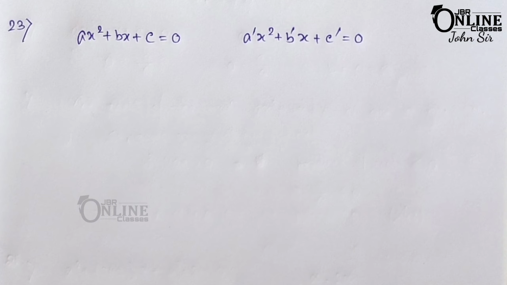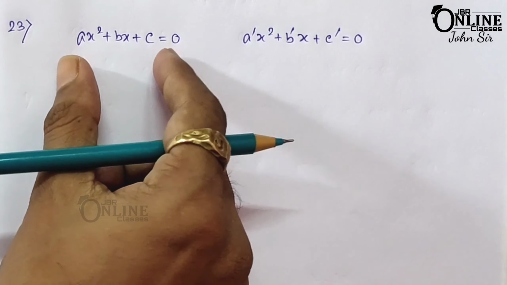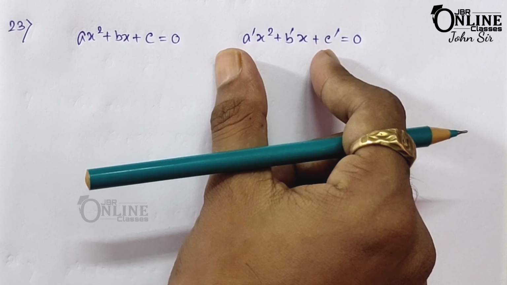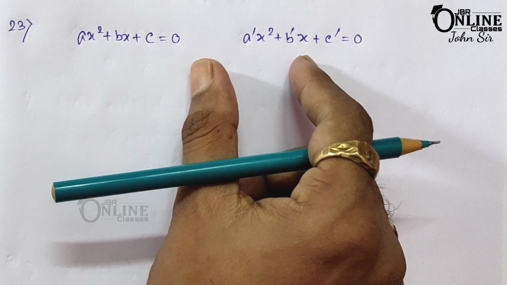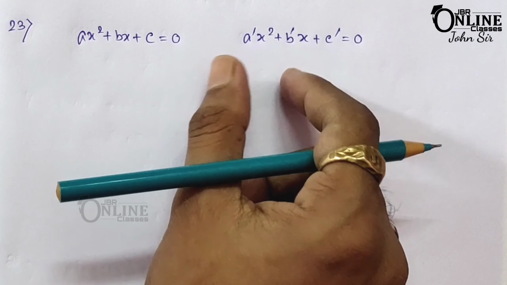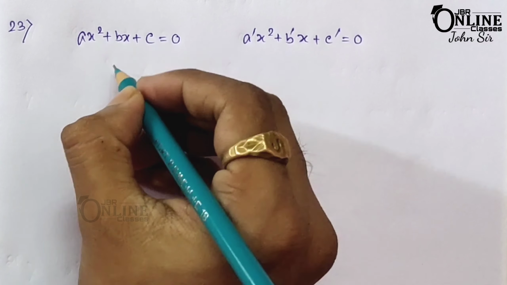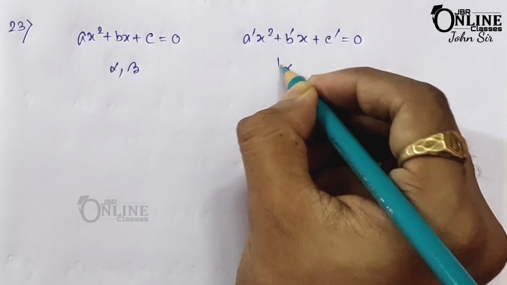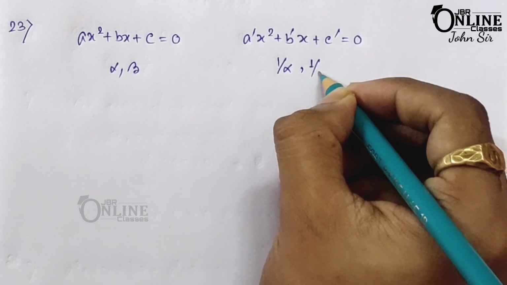Now sum number 23. Find the condition for the equation this one and this one to have reciprocal roots. So as these two equations have reciprocal roots, that means if the roots of the first one are alpha and beta, then here the roots will be 1 by alpha and 1 by beta.